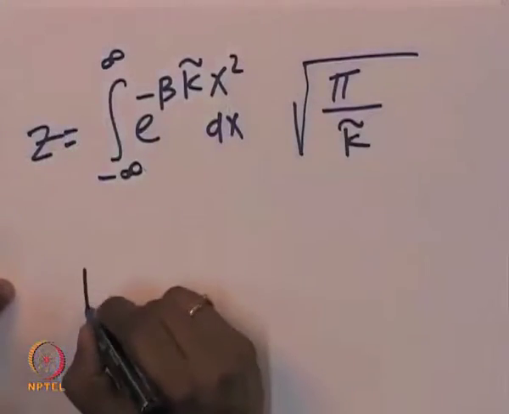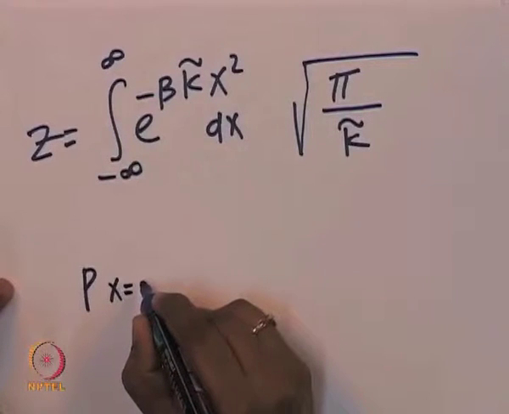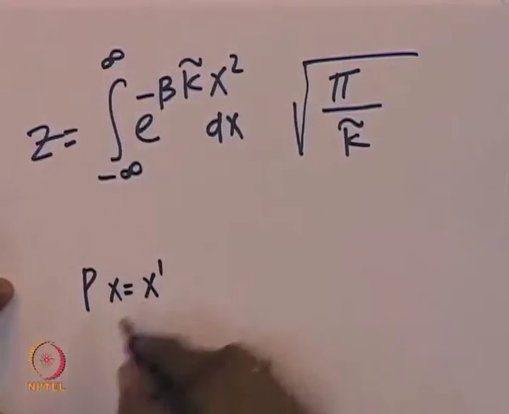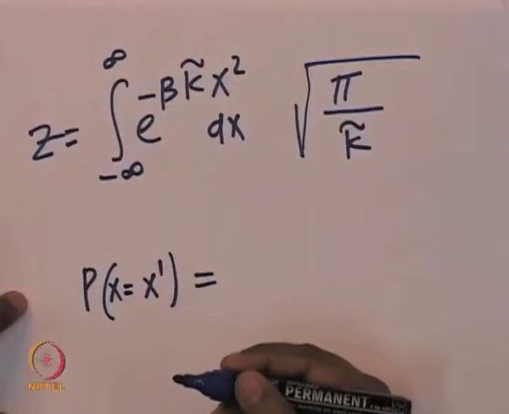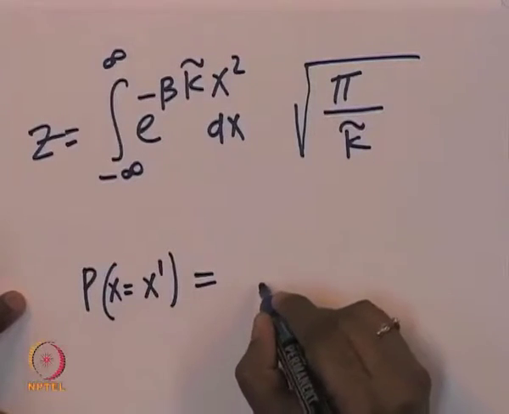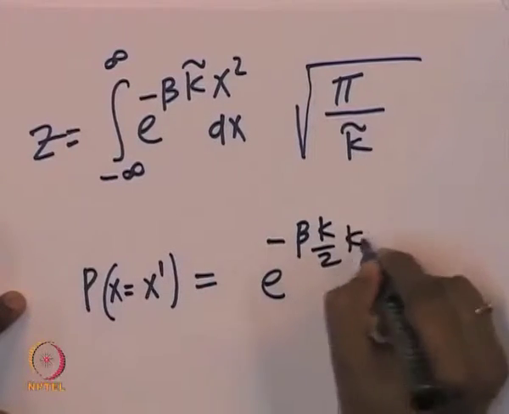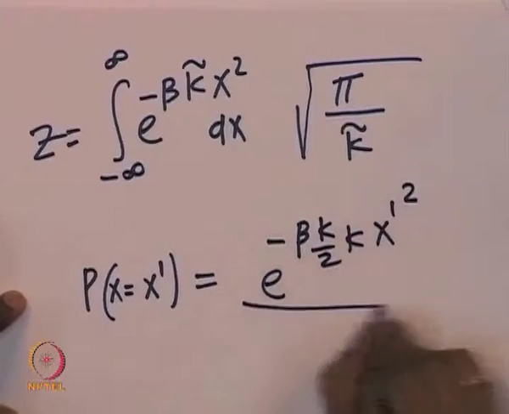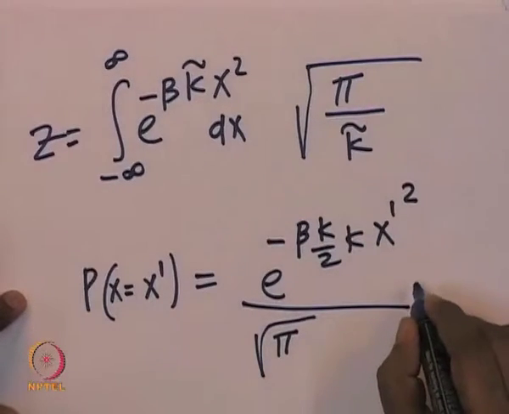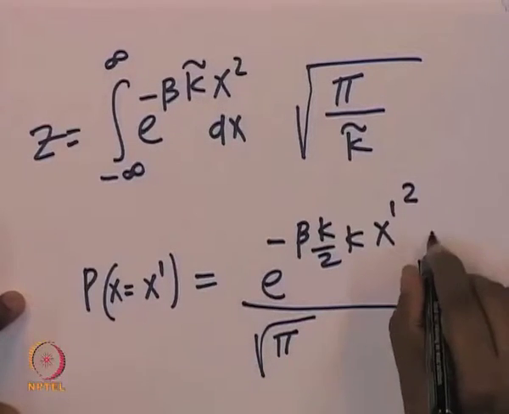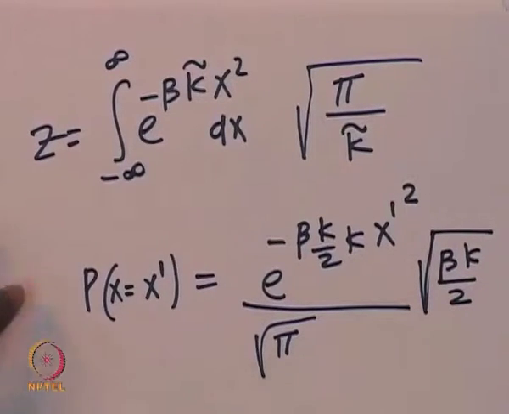The probability of finding the spring when x is equal to x prime, some particular value which could be 2 nanometer, 3 nanometer, 5 nanometer, is e power minus beta half k x prime square divided by root of pi by k tilde, where k tilde is beta k by 2.